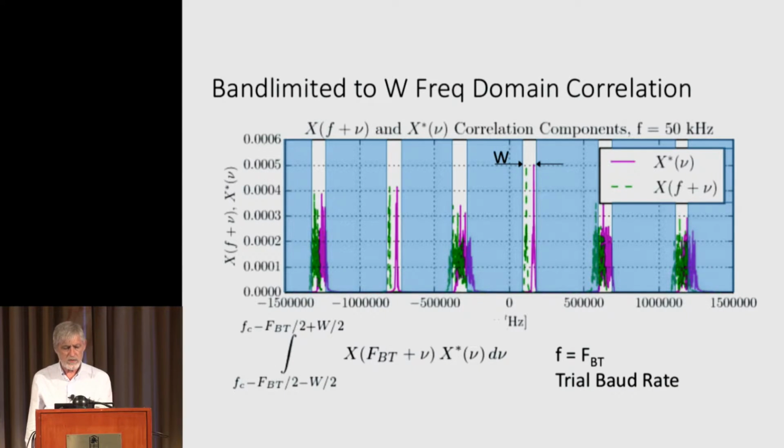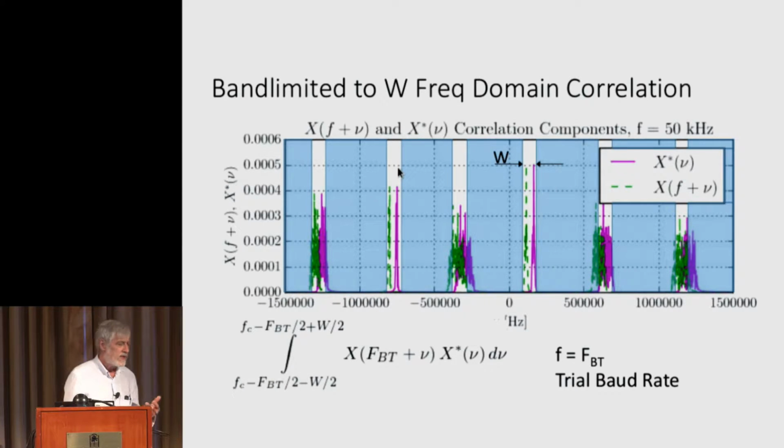We just want to do that over each of those white spaces individually. I call that a band-limited frequency domain correlation. In this case we have 6 signals, so we do 6 small correlations in just those portions that we are interested in.